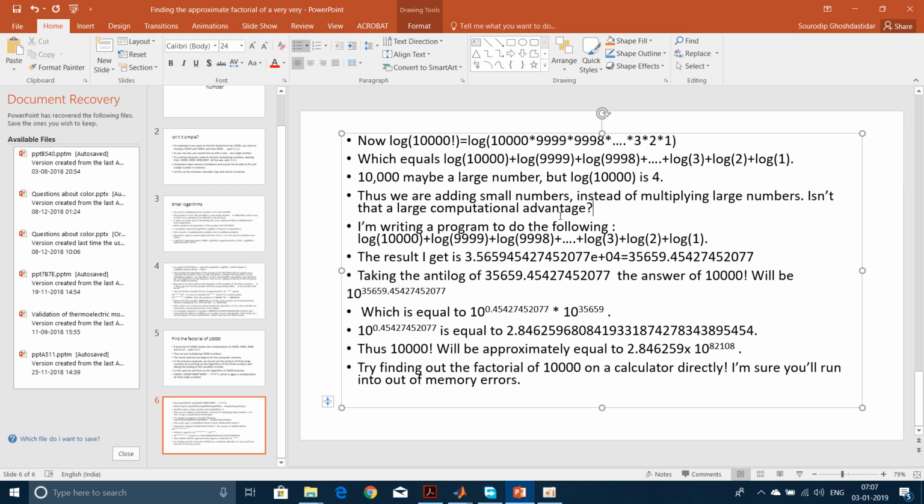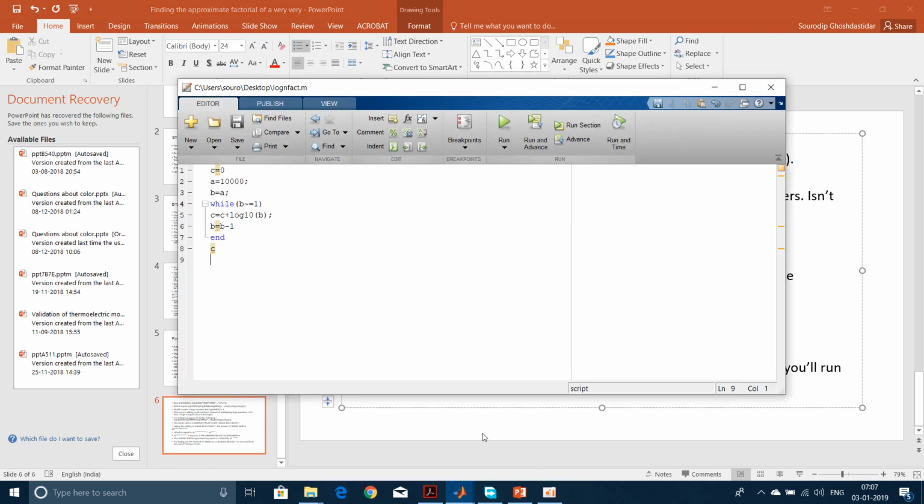So I've written a program to just add the logarithms of these numbers. So I fired up MATLAB. So this is a code which would calculate the addition of the logarithms of 10,000 factorial, which basically would start from a value of 10,000. So here B is 10,000 in the first iteration, C is 0. C basically stores the summation of the logarithms of the numbers.